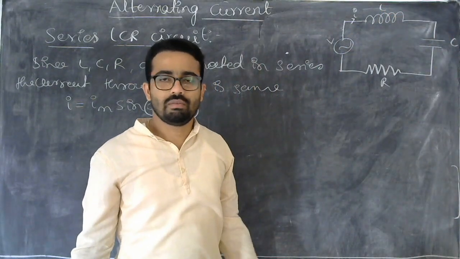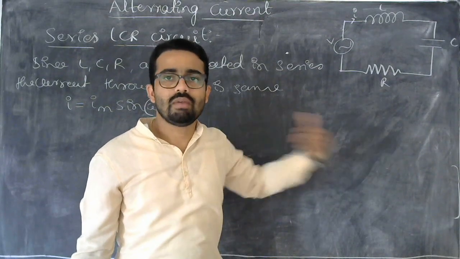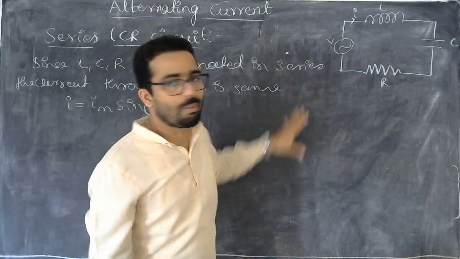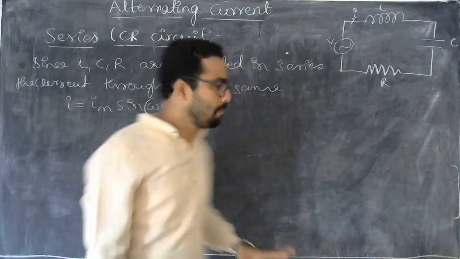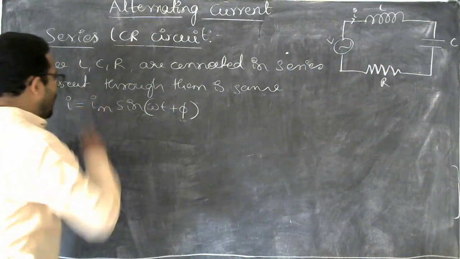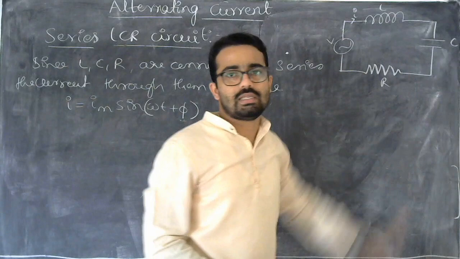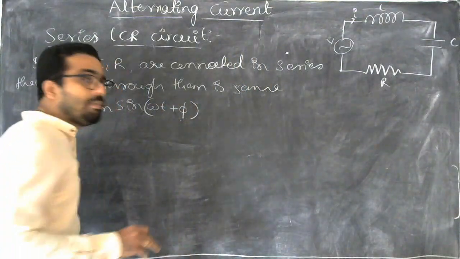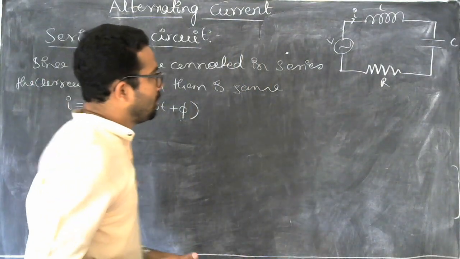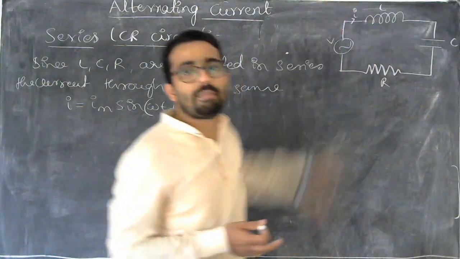How, we will learn in detail when we get into this topic. I will explain it later. So now I have written I is equal to Im sin(omega t plus phi), where phi is a phase difference. Phi can be any value if you take the components separately.